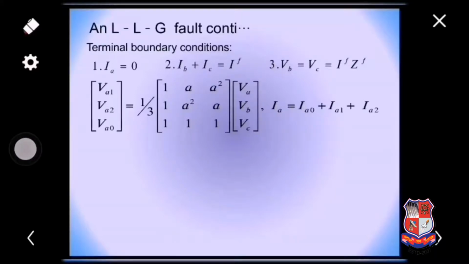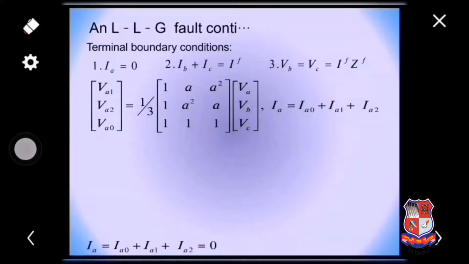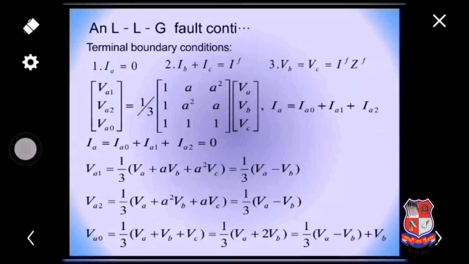Now let us go for the VA1, VA2 and VA0 relationship derivation. Now put the boundary condition 3. In this, we will have VA1 equal to 1 upon 3 (VA minus VB), VA2 is equal to 1 upon 3 (VA minus VB), and VA0 will be equal to 1 upon 3 (VA plus 2 VB).